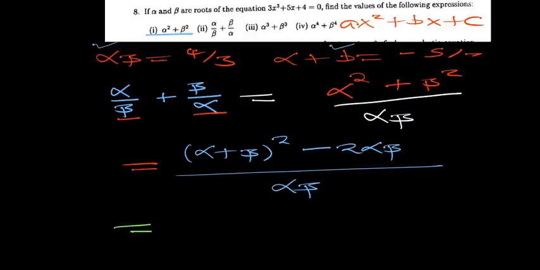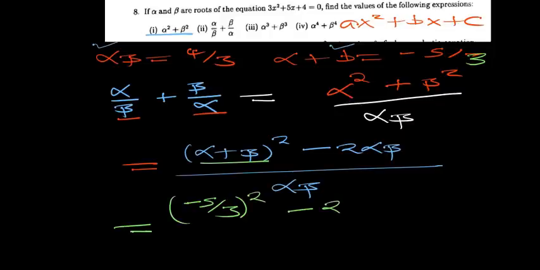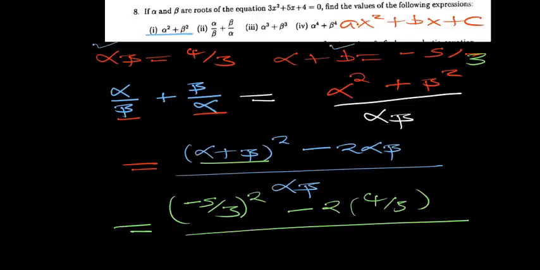So we can just substitute alpha plus beta, that's negative 5 over 3. Let's not forget: negative 5 over 3 squared minus 2 alpha beta, the product is 4 over 3, divided by alpha beta.